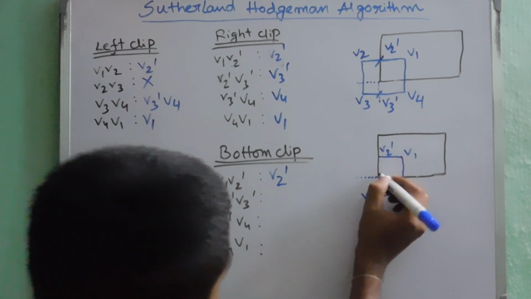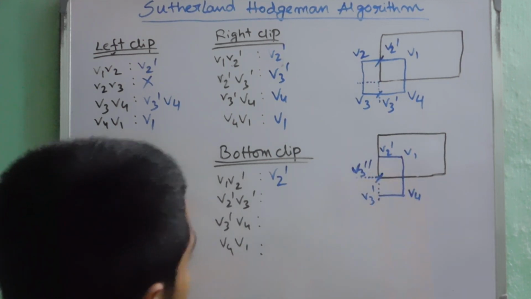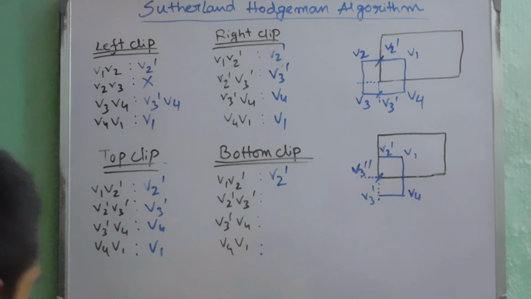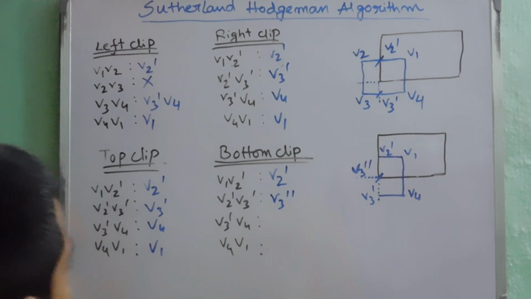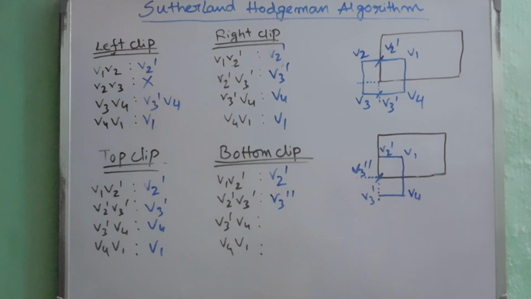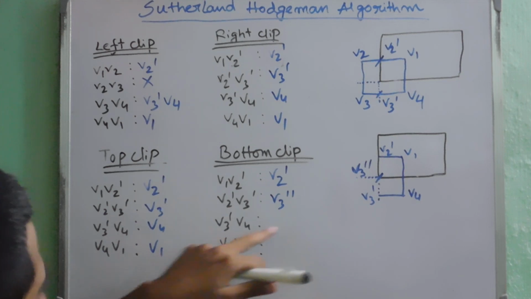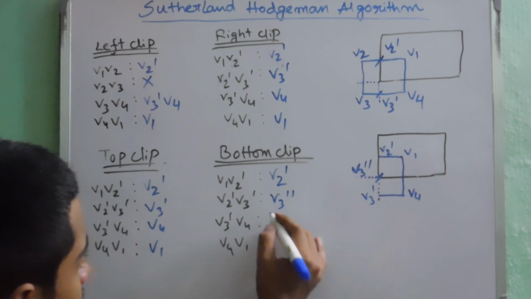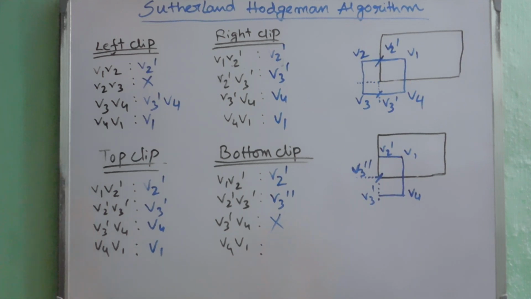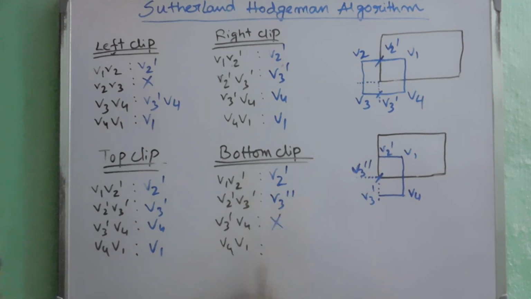So we will update this intersection point as V3 double dash, and we will write that here. We are writing V3 double dash only because it follows case number 2, that is from inside to outside. Now we move on to the third edge, V3 dash V4, which is completely outside, and hence we will reject it. The final one is V4 V1, which is partially outside and partially inside the boundary.